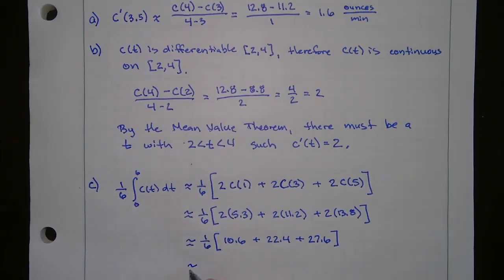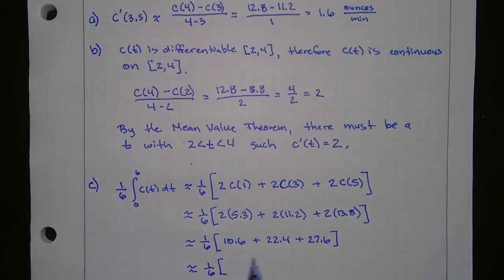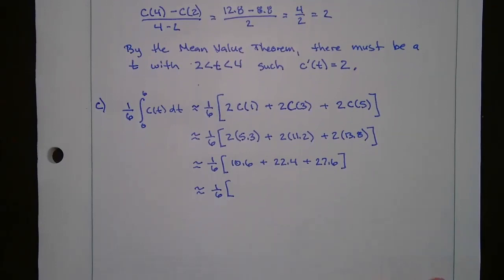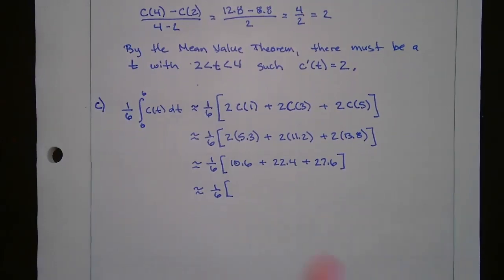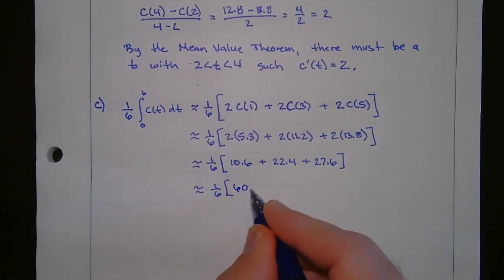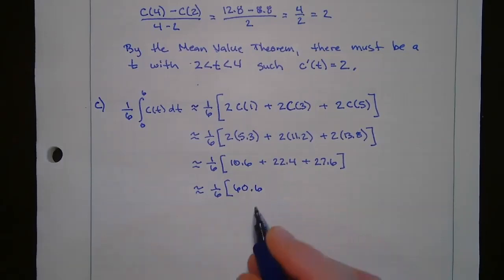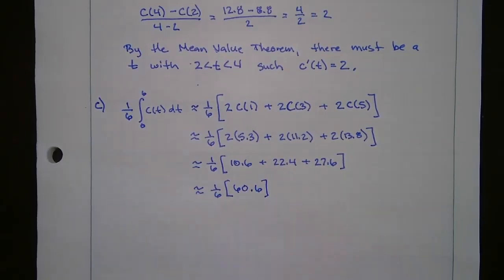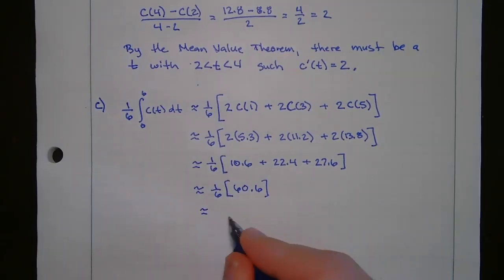And then this would be 1/6 times, okay, and then 10.6 plus 22.4, that'd be 33, and then that would be 60.6. Okay. Let me slide that up. So that would be approximately 10.1.